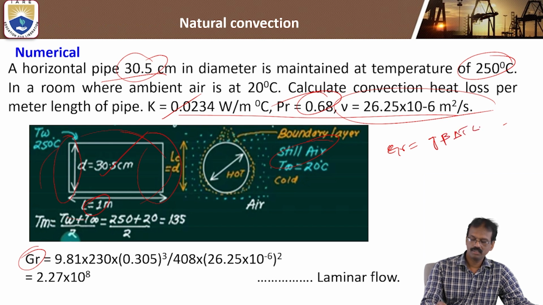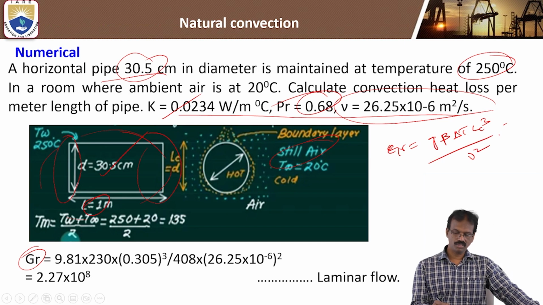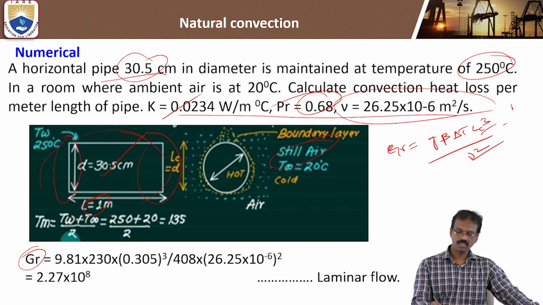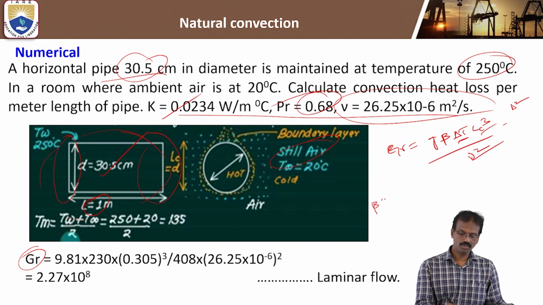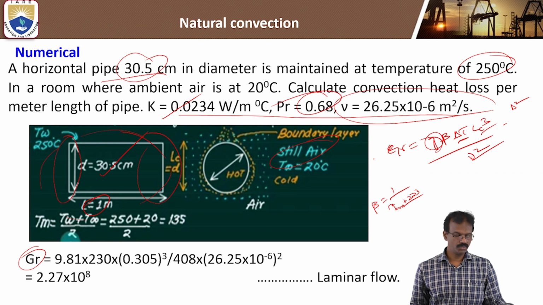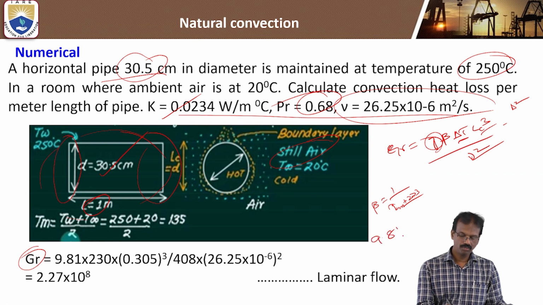Delta T is the temperature difference. Beta is equal to 1 by T mean plus 273, you have to convert into Kelvin. And g is the acceleration due to gravity, 9.81. You know all the values.